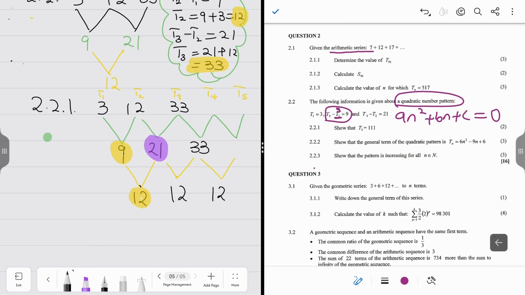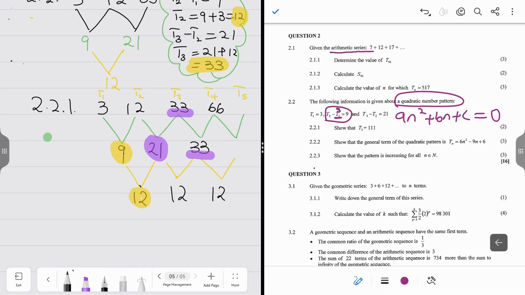So for me to do this, I just add them like this. If I add 12 and 21, I get 33. If I add 12 and 33, I should get the next part that is coming in there. So for me to get the next one, which is here, I must add these two. If I say 33 plus 33, it should give me the value here, which is 66.